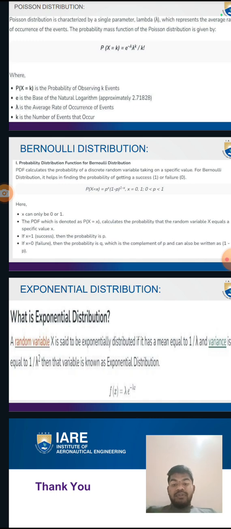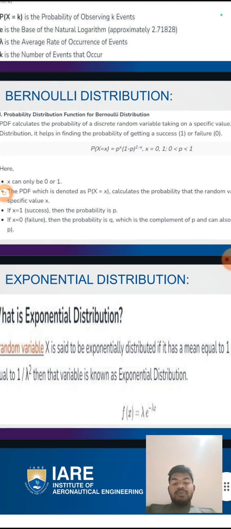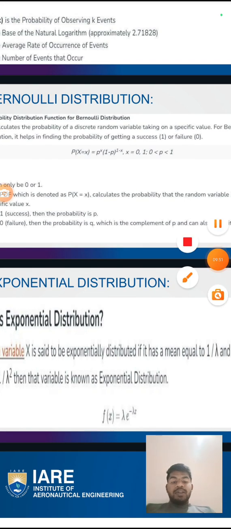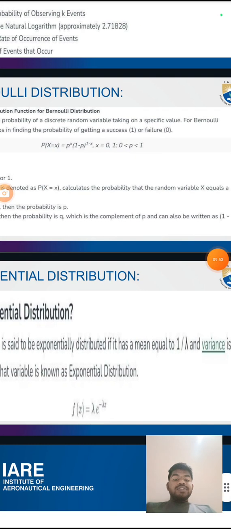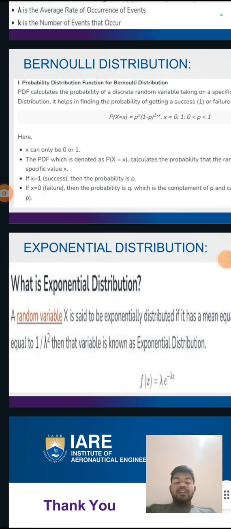If x equals 1, success, then the probability is p. If x equals 0, failure, the probability is q, which is the complement of p, also written as 1 minus p.